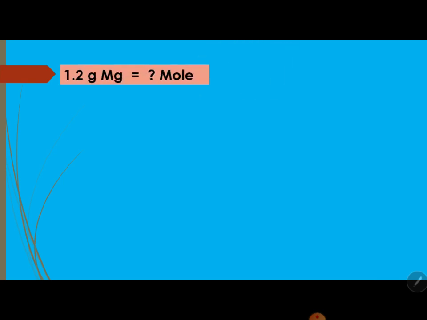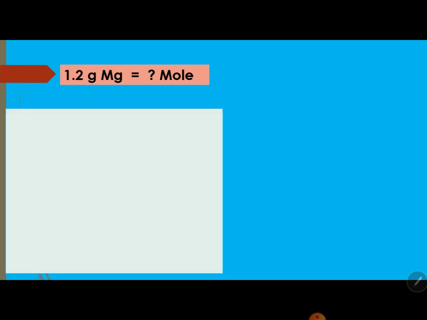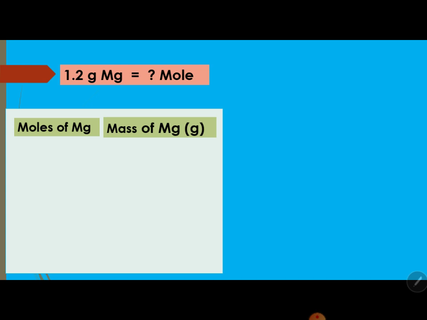First we will calculate the number of moles that are present in 1.2 grams of magnesium. For this calculation, we will make two columns, one for the moles of magnesium and the other for the mass of magnesium. In the first column, we will write 1, and in the second column, we will write 24, the atomic mass of magnesium.